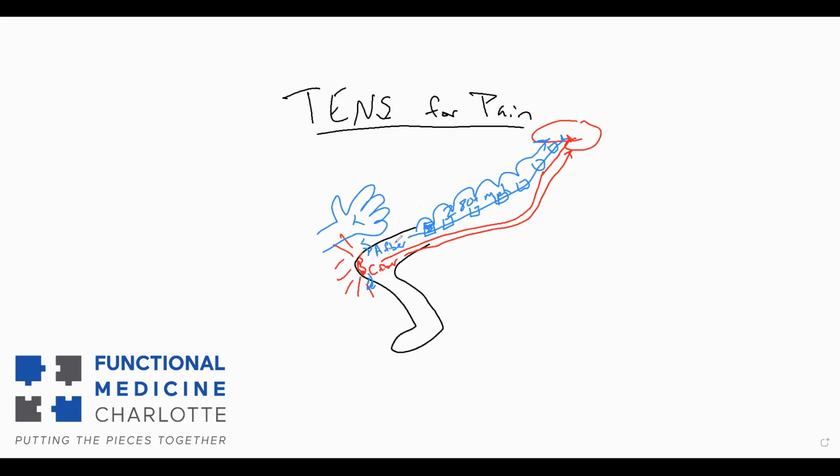Okay, so if the pain fibers are the C fibers, if we can activate the A fibers to beat the C fibers to the brain, we can reduce pain. Okay, because these inhibit the C fibers, these basically block it. So the TENS unit is doing that. The TENS unit activates A fibers, and so it helps reduce and or inhibit pain while you have it on.